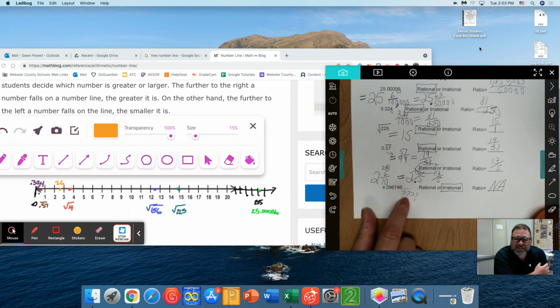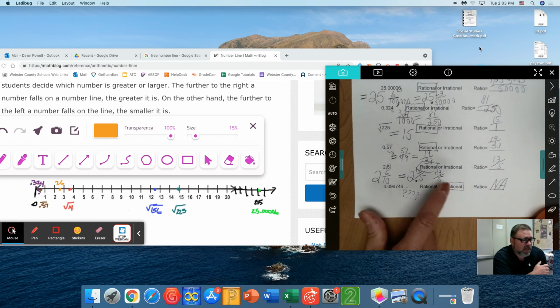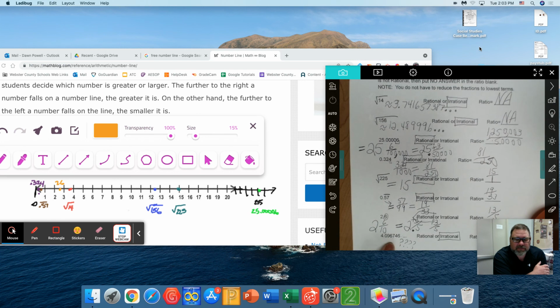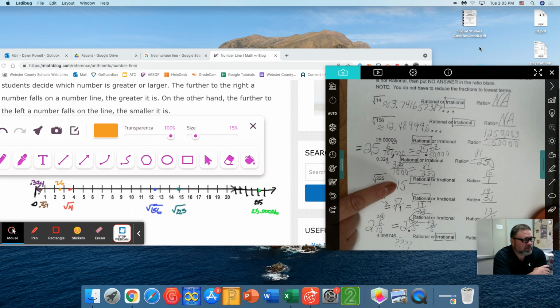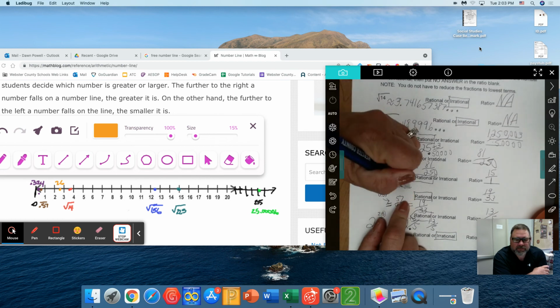So this doesn't repeat and it goes on forever. So if it's a non-terminating, non-repeating decimal, it's irrational. Which meant we can't write it as a ratio, which still isn't that big a deal because I like the decimal. What's confusing about numbers sometimes to students is that every number in the whole wide world has a decimal representation, even 15. You may argue 15 doesn't have a decimal. It does because you can write it as 15.0.